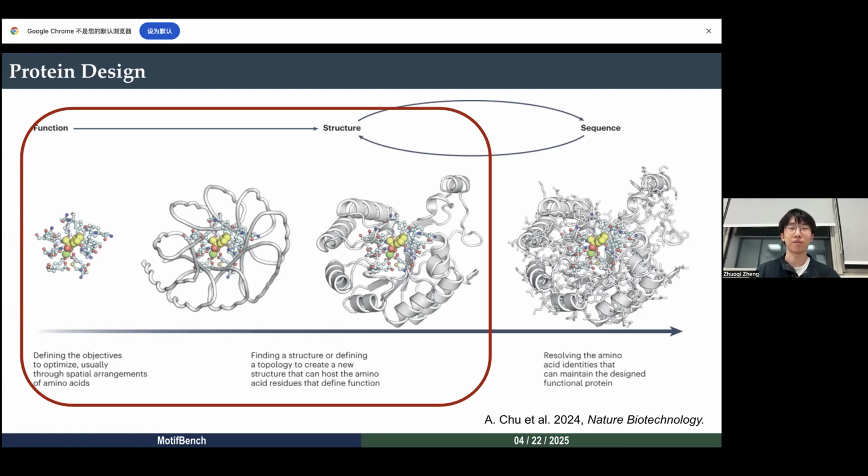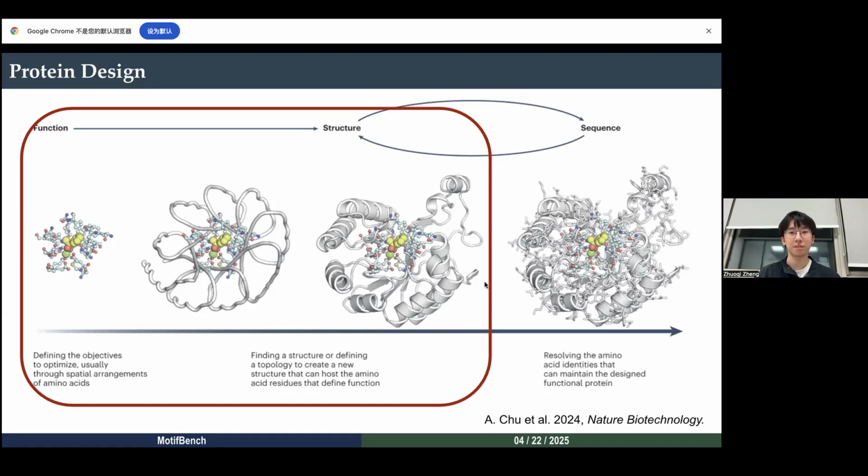You can, of course, also use protein language models to directly generate sequences with the desired properties, but we're going to focus on the first type of situation today. Now that we have generated a structure, it is not enough, because the structure might only be a blueprint or overall topology, which we often call a scaffold, and it only contains some backbone atoms, or in some cases, only the carbon alpha atoms.